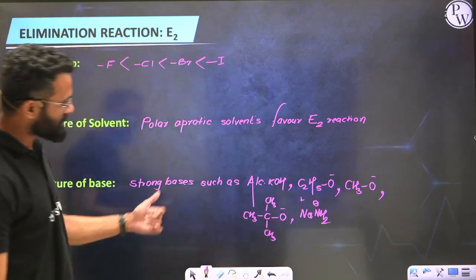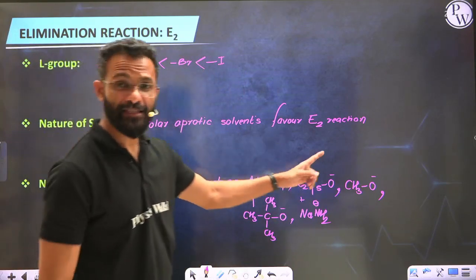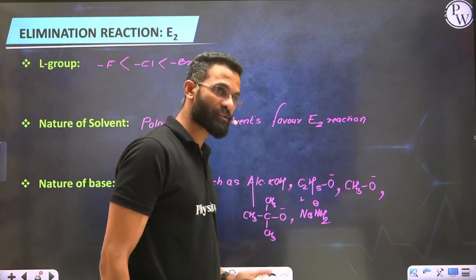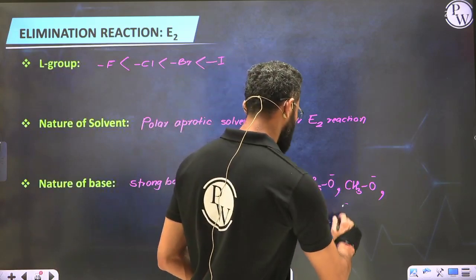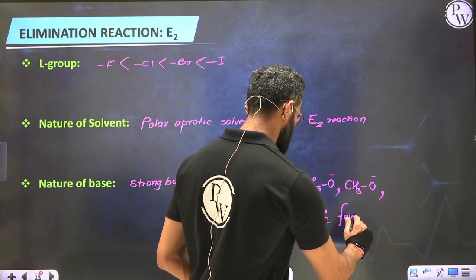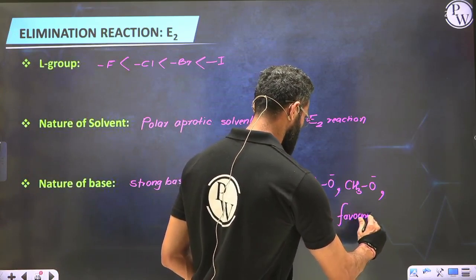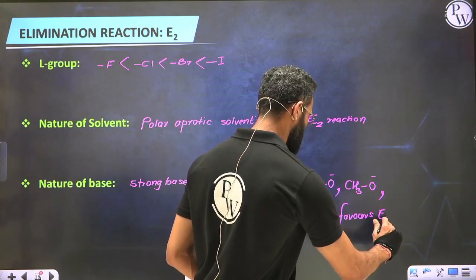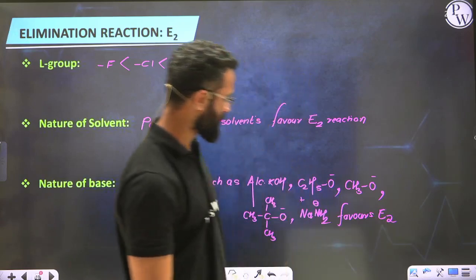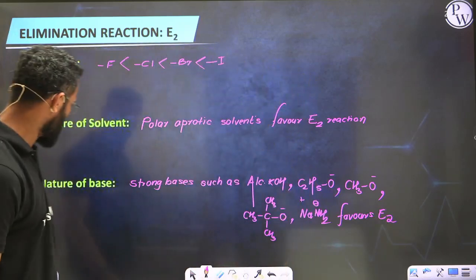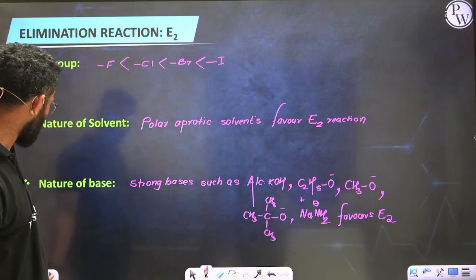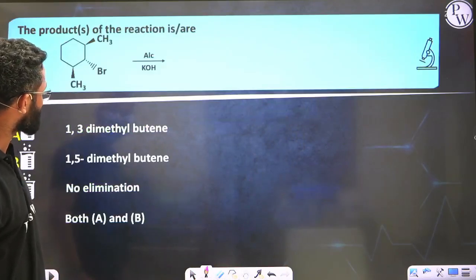So strong bases such as alcoholic KOH, ethoxide, methoxide, tert butoxide, sodamide favors E2 reaction mechanism. Alright, so these were some important factors of E2 reaction mechanism.